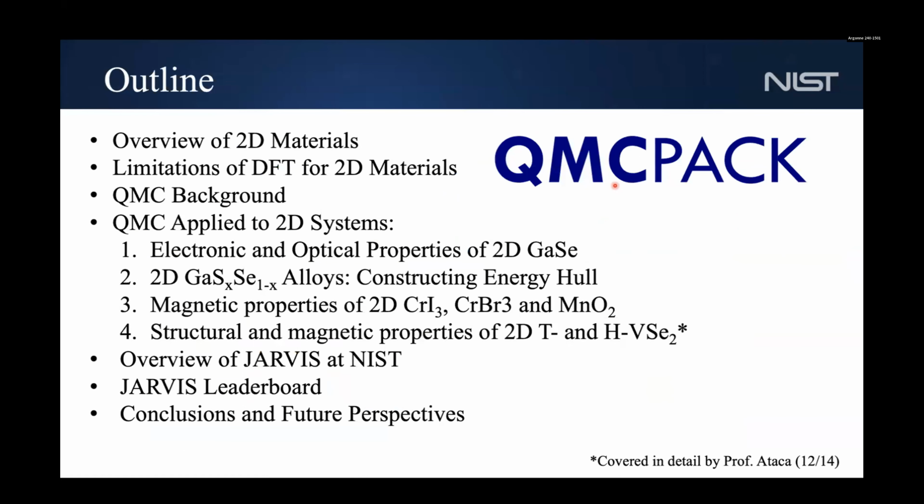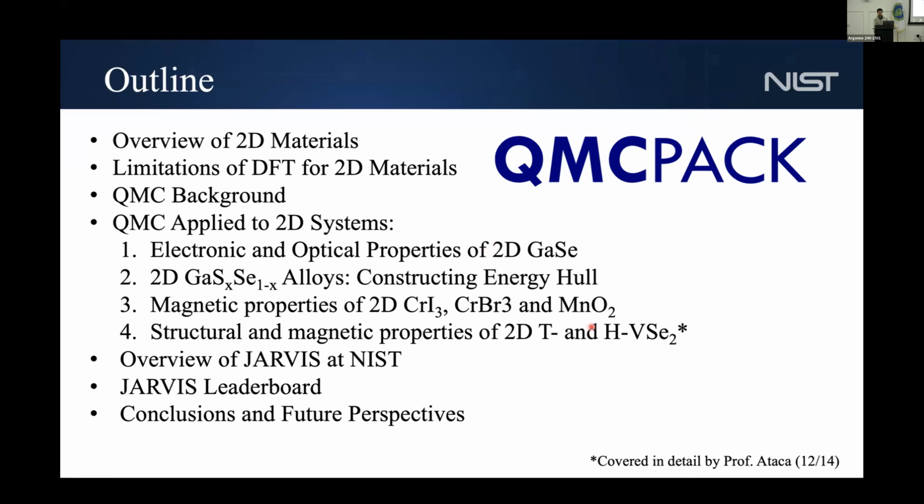So I figured it would be fitting to have a nice QMCPACK logo on the first slide to show my appreciation for the code. I'm going to give a little bit of an overview of 2D materials, talk about some of the limitations of using density functional theory for 2D materials, give a little bit of background, and talk about some of the applications we use QMC for 2D systems, specifically for gallium selenide, gallium sulfur selenide alloys, and magnetic properties of two-dimensional systems like chromium triiodide, chromium tribromide, manganese dioxide.